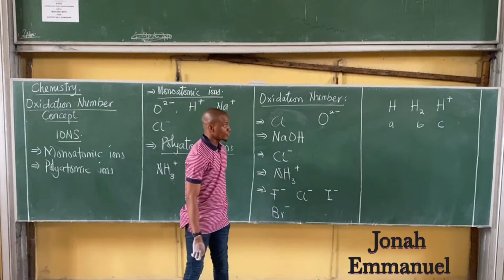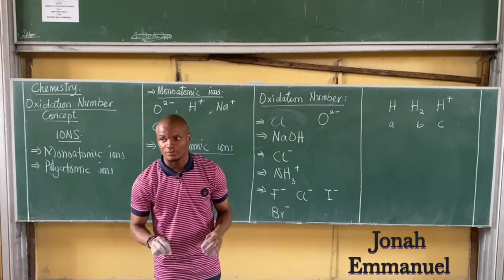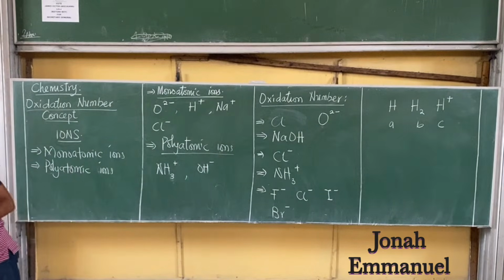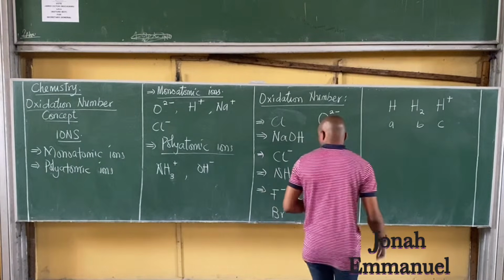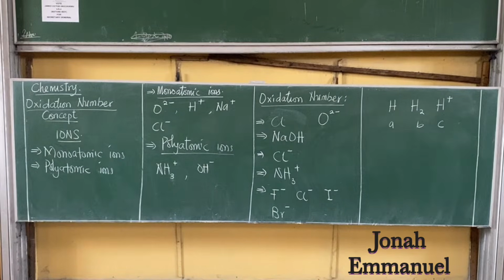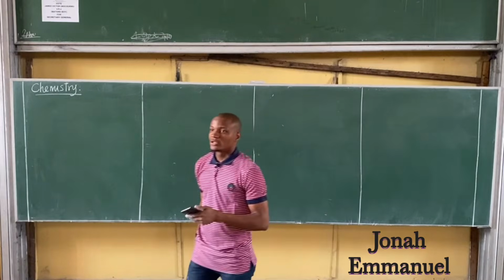I'll do that proof for you. Take this stuff down. Let's do some calculation. Take this down, please. The oxidation number of some of the important elements.